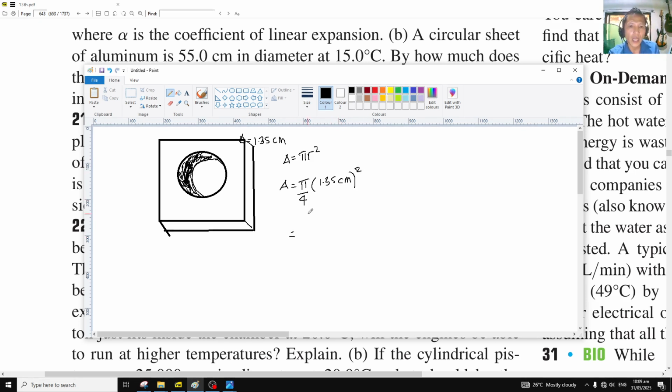So you would have an area of pi times 1.35 squared divided by 4, which is 1.43 square centimeter in significant figures. I will save that, since I will use it directly without rounding. So that is for letter A, the area of that hole.